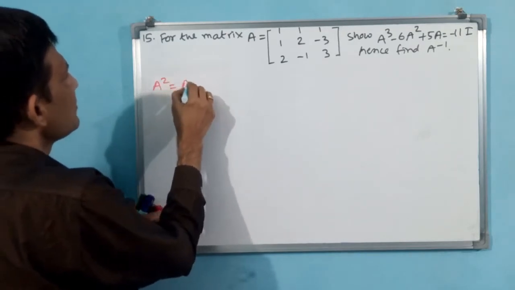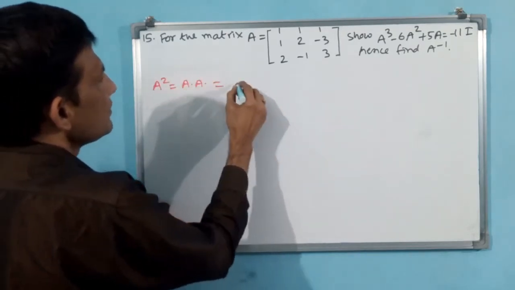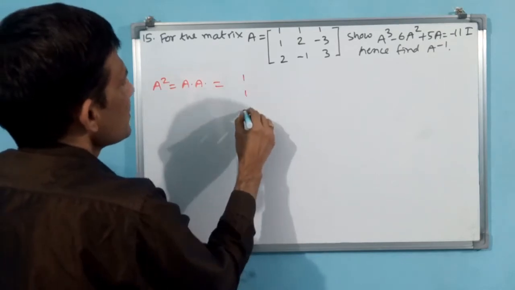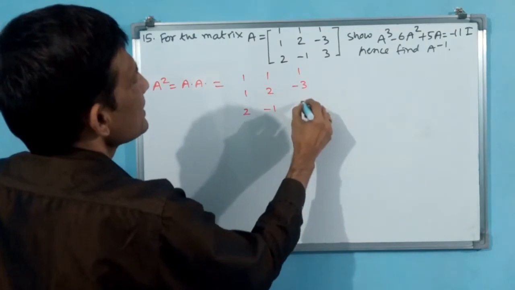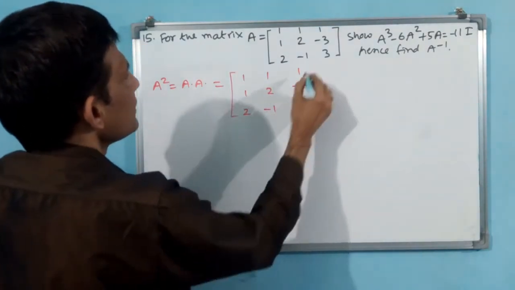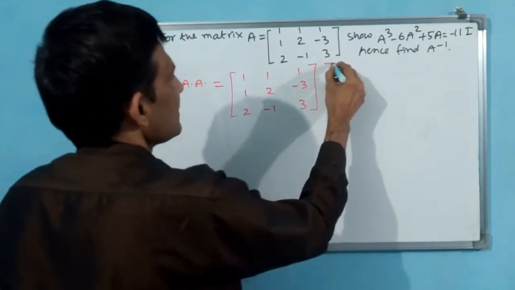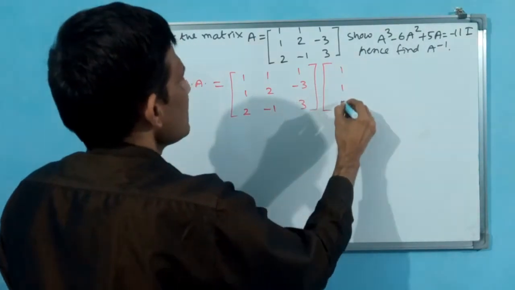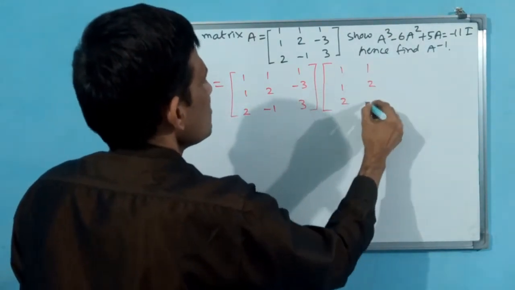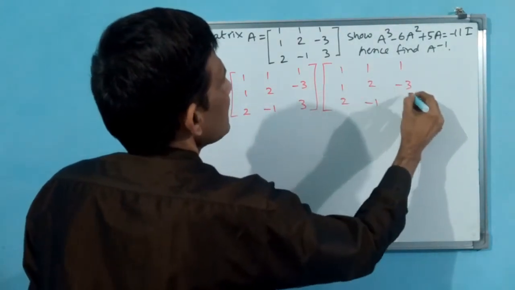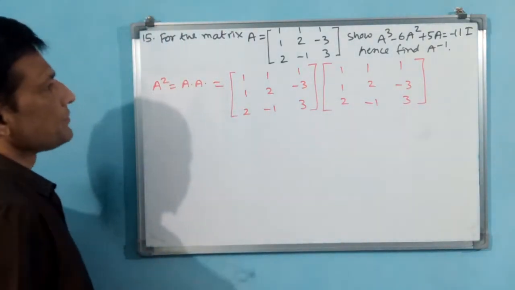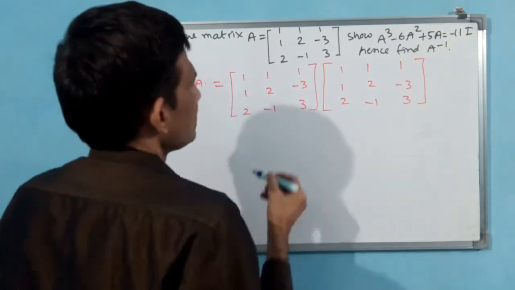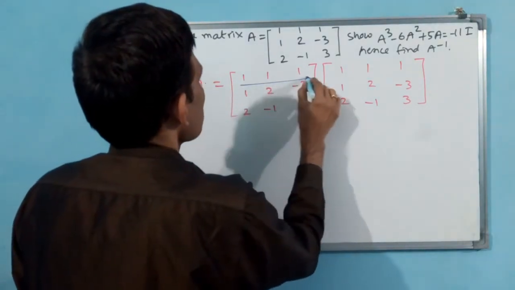A square is equal to A into A, that is 1, 1, 2, 1, 2, minus 1, 1, minus 3, 3, times another 1, 1, 2, 1, 2, minus 1, 1, minus 3, 3. Is it okay? First observe, put arrows.